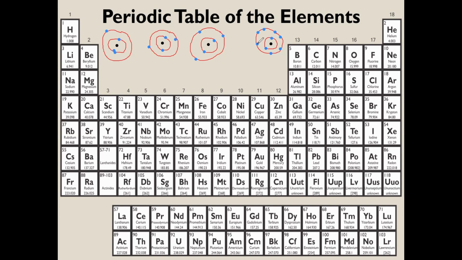So what will be the atomic radius trend over the period? Electrons increase in the outer shell. It means more negative charge and more positive charge. Why? Because, as you know, the number of positive protons equals the number of negative electrons. So as the number of electrons increases, we expect that the number of protons increases too.